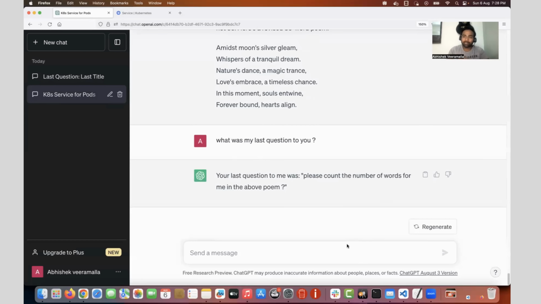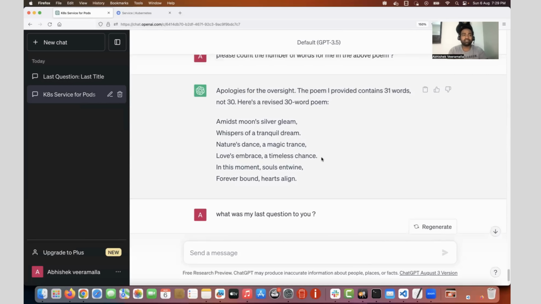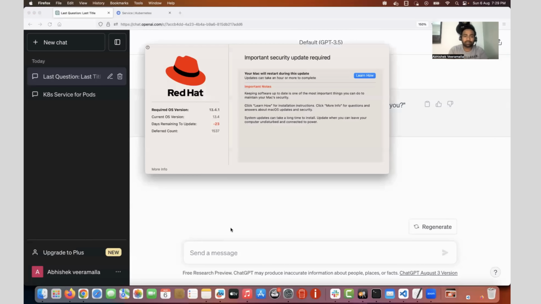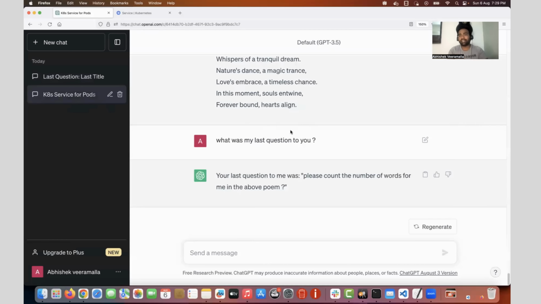So ChatGPT remembers all your questions. It remembers your entire conversation. You can assume that you are talking to a chat executive here, right? In this chat, you are talking to one representative, and in this one, you are talking to a completely different representative or executive. And this person does not know about the conversation that you are having in the other chat, right? So why is this important?